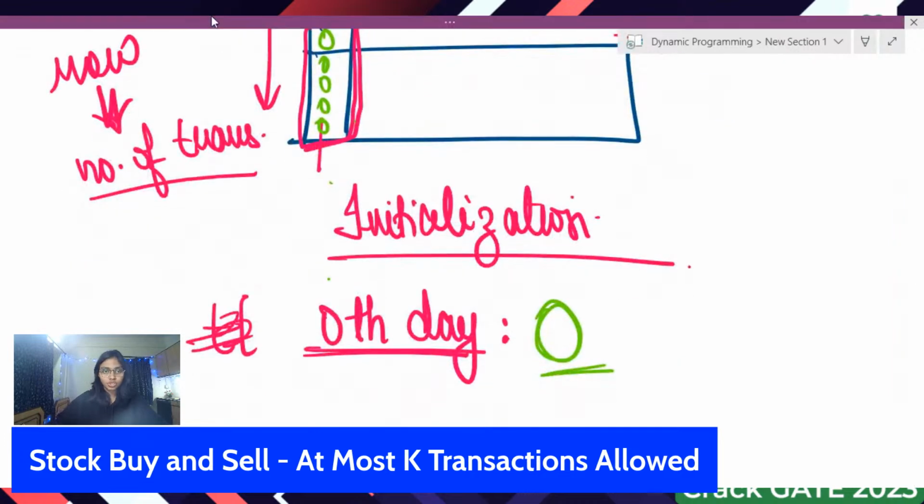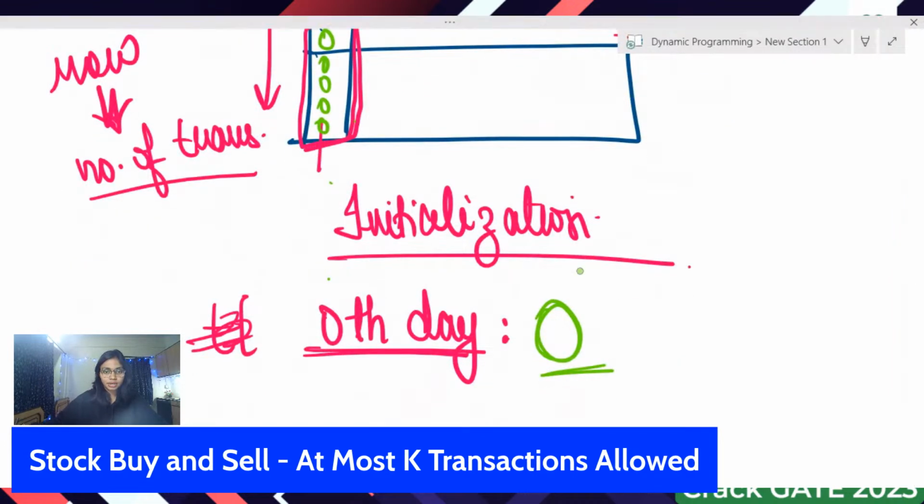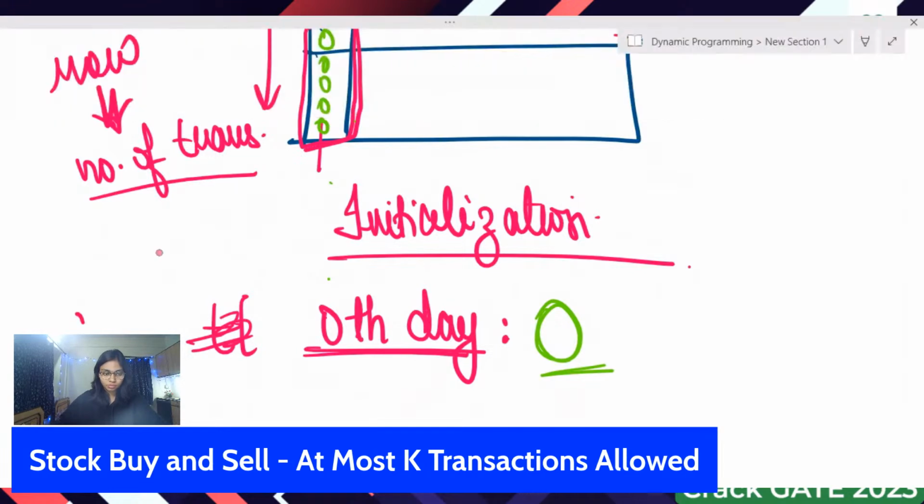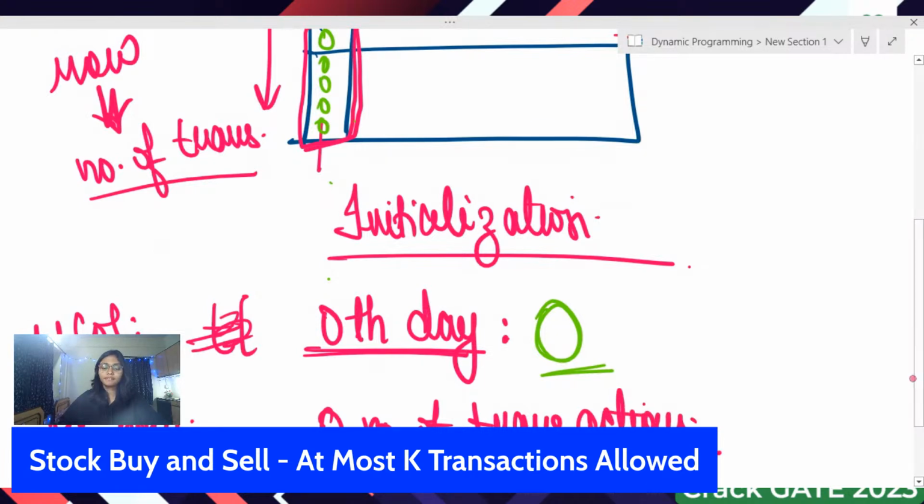And now the first row, how are we going to fill it? First row means zero number of transactions. So I want you all to answer this: if we have only zero number of transactions to make, then what is the maximum profit that you can get?